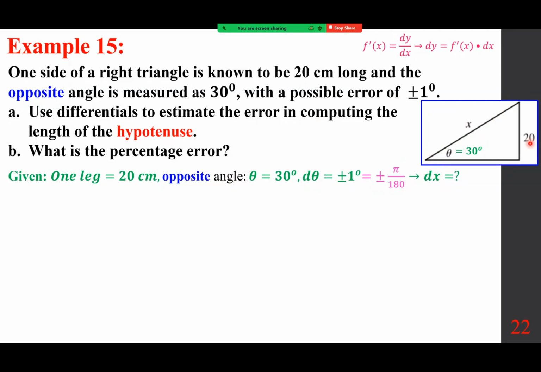And as you recall, sine theta is the opposite over the hypotenuse. So sine theta is 20 over x. And that means sine theta times x is 20.